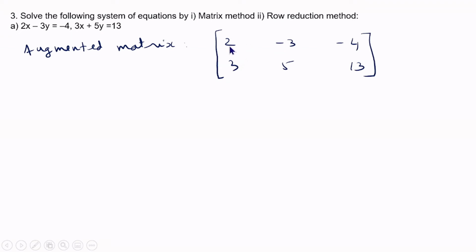Here we have to make this as 1 and this entry as 0. So for that let us perform R1 changing to R1 by R2. So we get 1, minus 3 by 2 and minus 2.